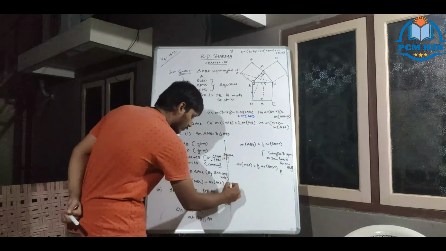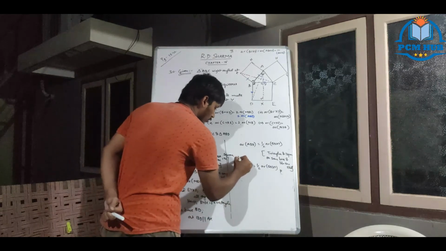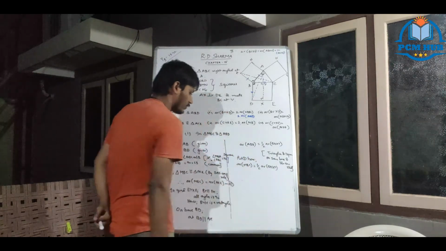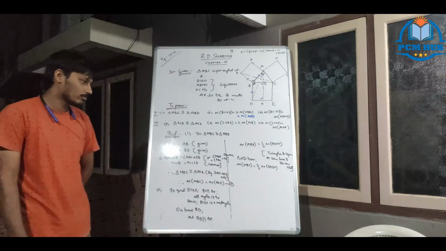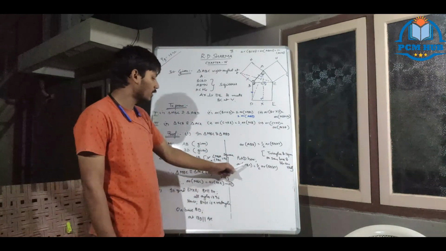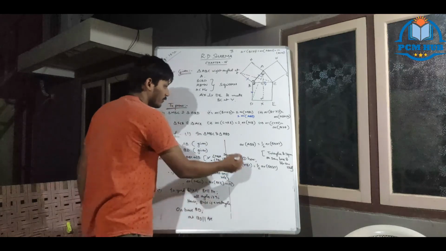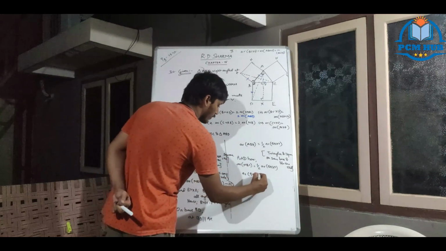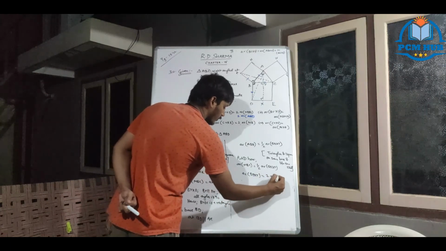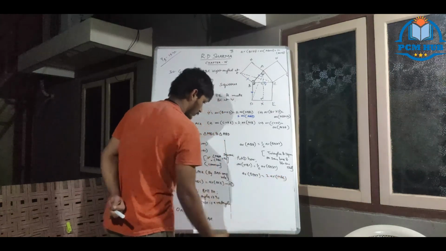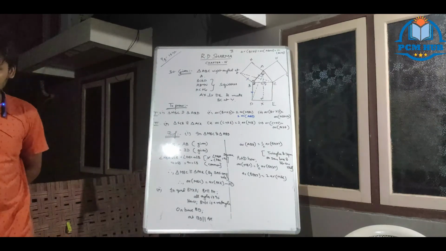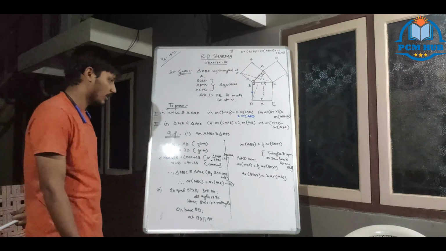Or you can write like this, put 1 here. MBC equal to half of area of BDXY, therefore you adjust it, area of BDXY equal to 2 times area of MBC. Done? It should be done up to here.